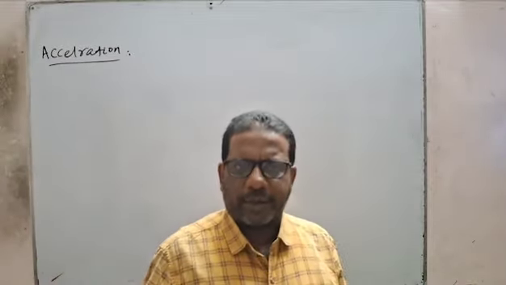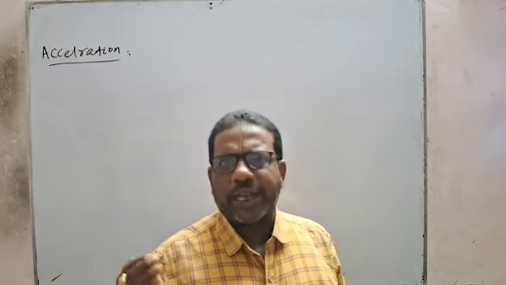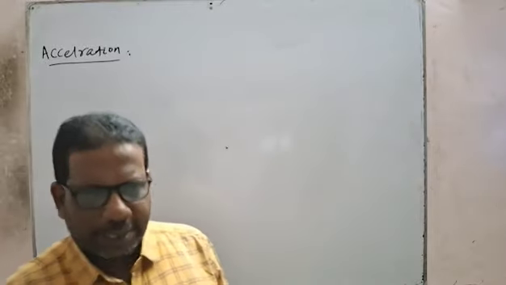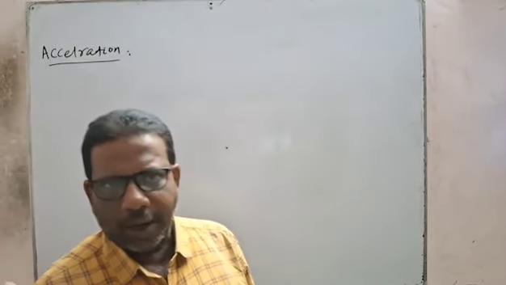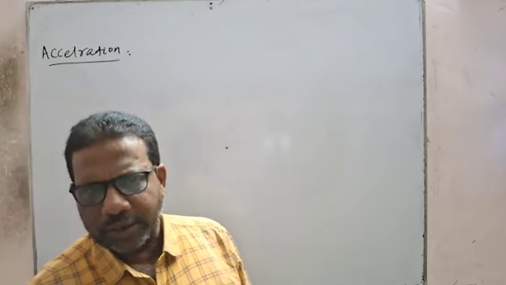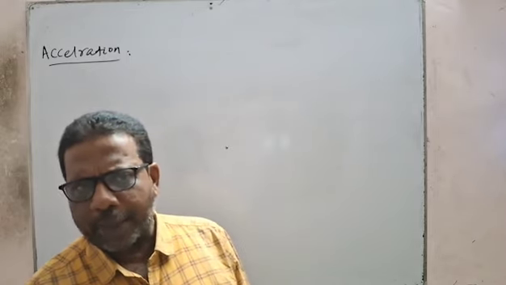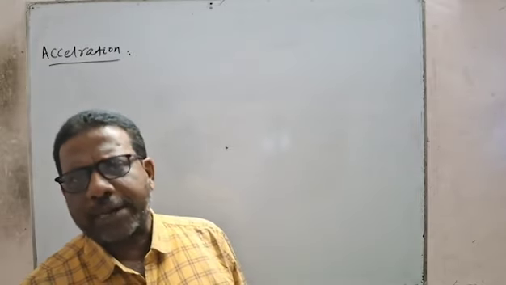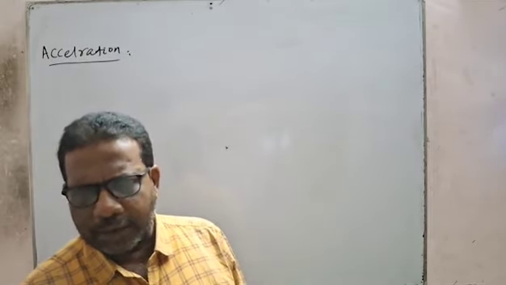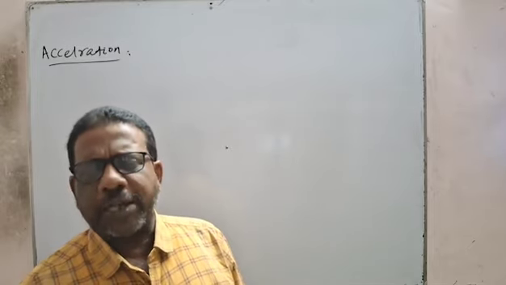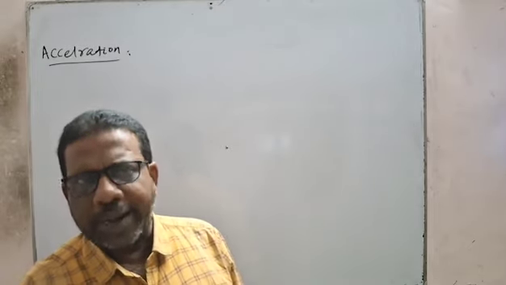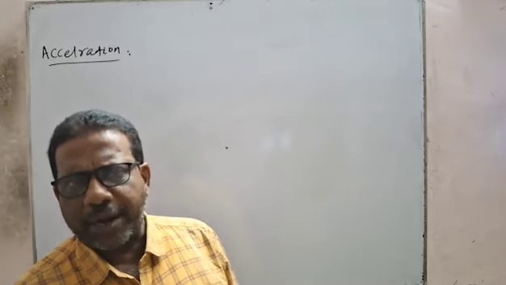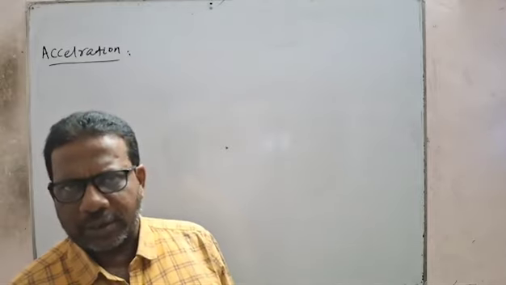What is acceleration? The rate of change in velocity is called acceleration. When a train approaches the platform, its speed gradually decreases, and this rate of change in speed is called negative acceleration, because the speed of the train gradually decreases.